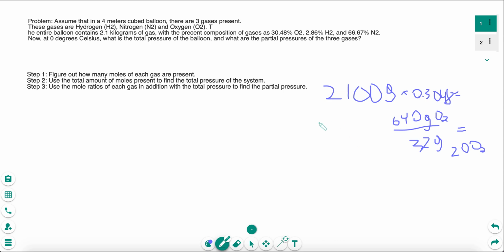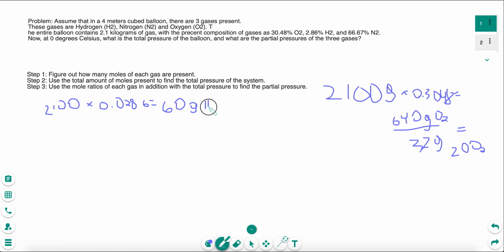Next, we just carry out the same process for the other two gases. So 2100 times 0.0286 gives us 60 grams of hydrogen.